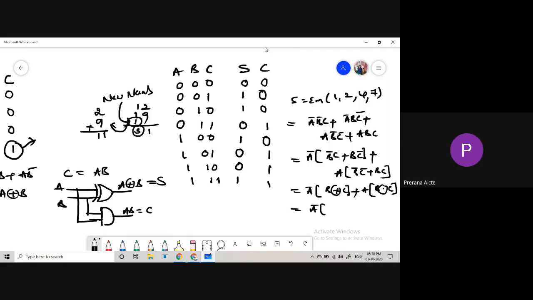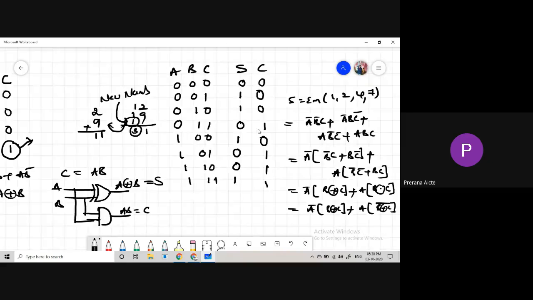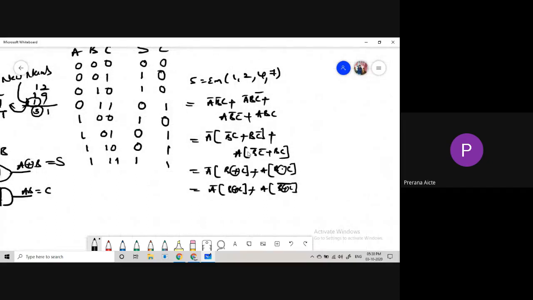So can I write like this? XNOR is nothing but XOR plus NOT. So that's why you're taking like this.